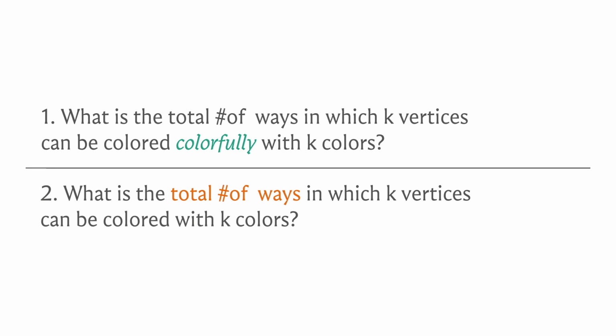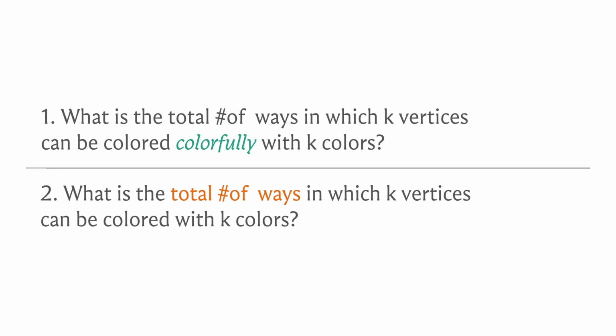So for these k vertices, there are k factorial good scenarios, and for each of these good scenarios, the remaining n minus k vertices can get colored in whatever fashion, we don't really care. So for each of the k factorial permutation colorings on these k vertices, we can extend these colorings to colorings of the complete set of n vertices by coloring the remaining vertices in any way we like.